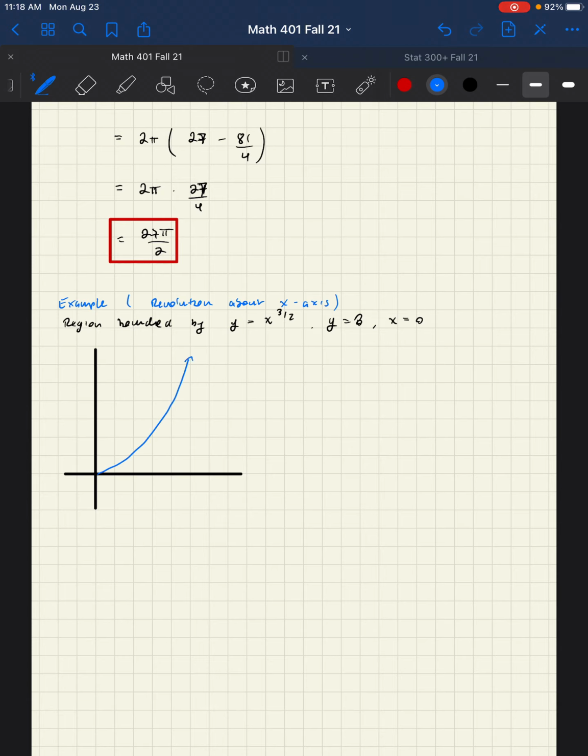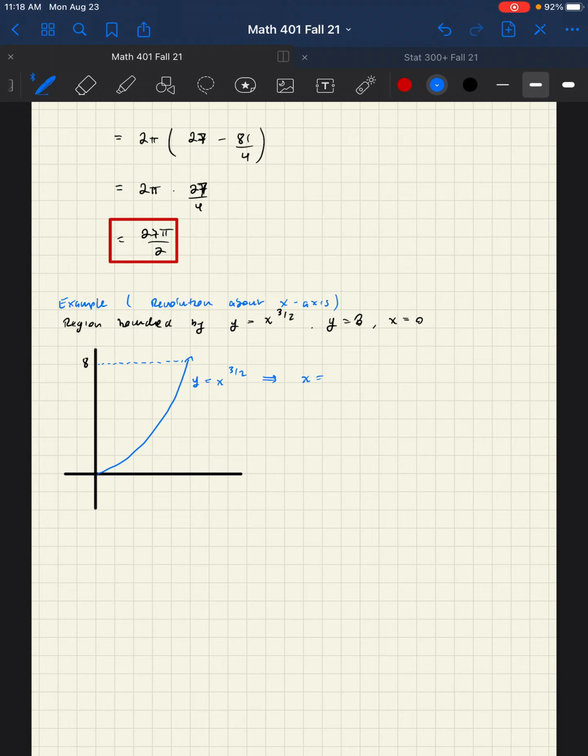Roughly this looks like this curve right here. And it is bounded by this upper curve here. So that's 8 right there. But if we express this in terms of y instead, then all we need to do is apply the opposite power.